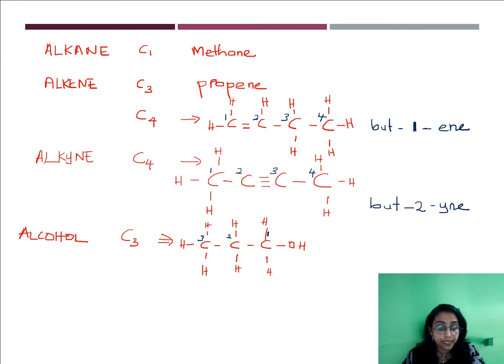So the maximum number of carbons in this longest carbon chain is 3. If it's 3, it's going to be prop-. Okay, and the ending. If it's the respective alkane, it's going to be propane, isn't it?